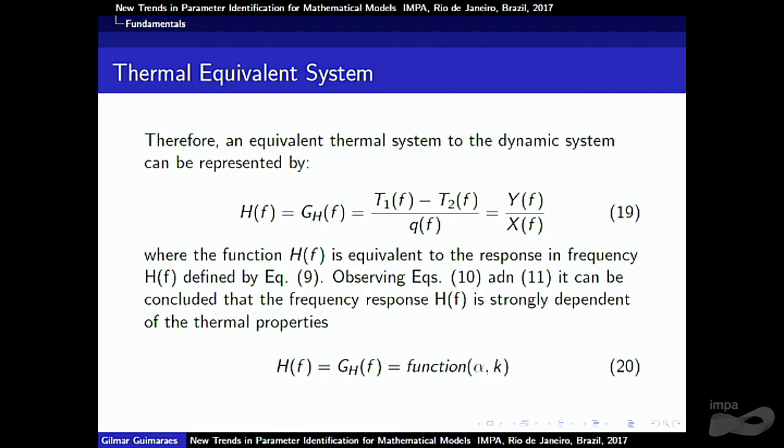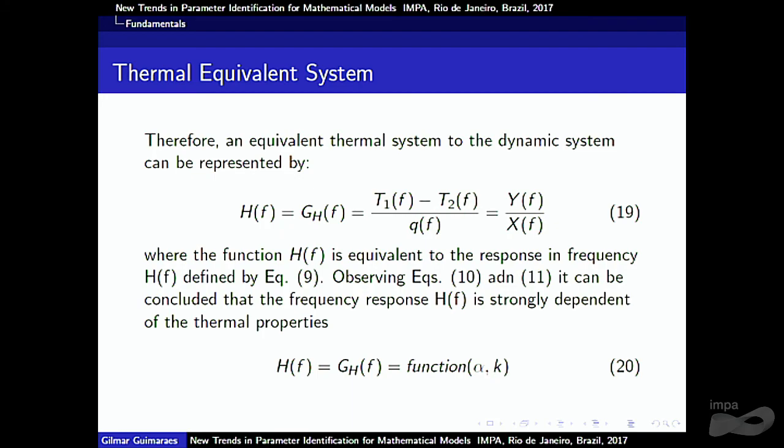So we can obtain the equivalent response in frequency just knowing the Green's function.